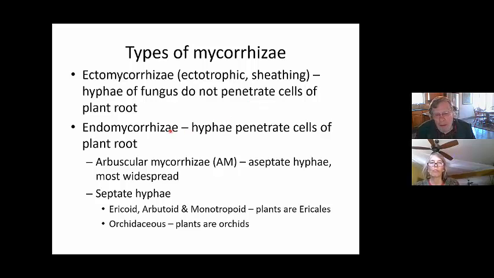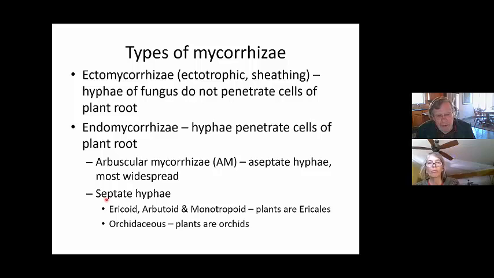And then we have endomycorrhizae, where the fungal hyphae penetrate into the cells of the root. We can divide those into aseptate and septate mycorrhizae. The aseptate are probably the most widespread type of mycorrhizae that one finds, and they're referred to as the arbuscular mycorrhizae, abbreviated AM.